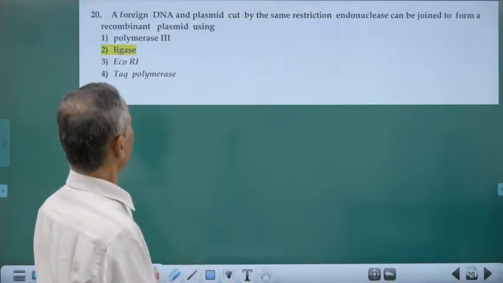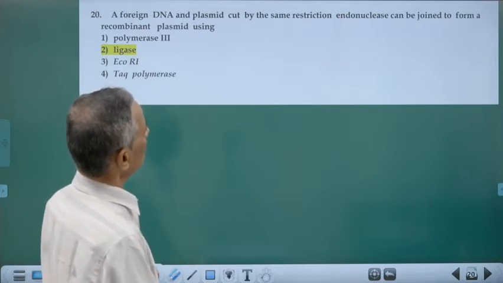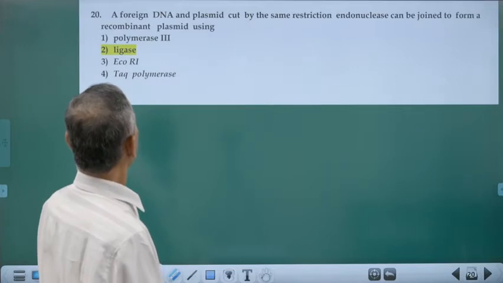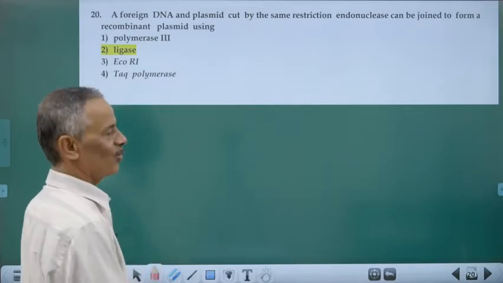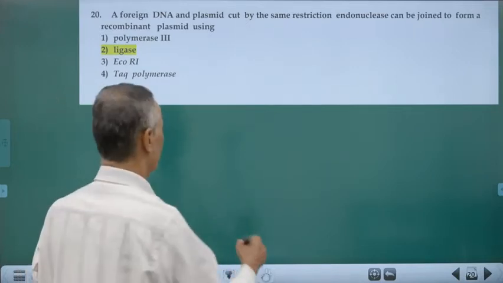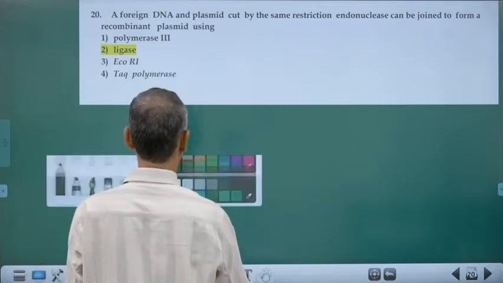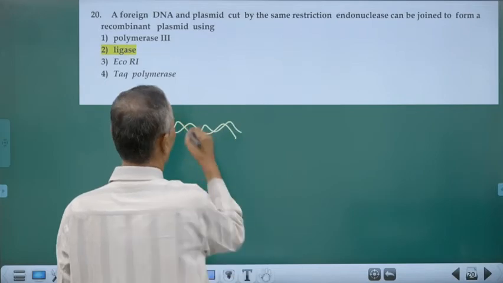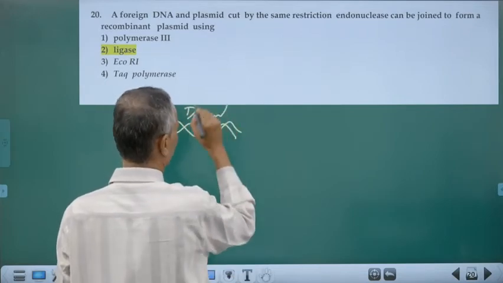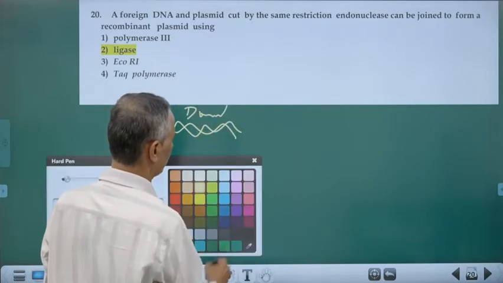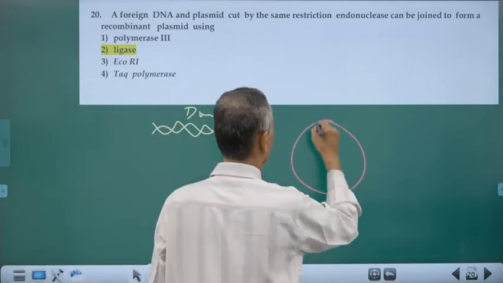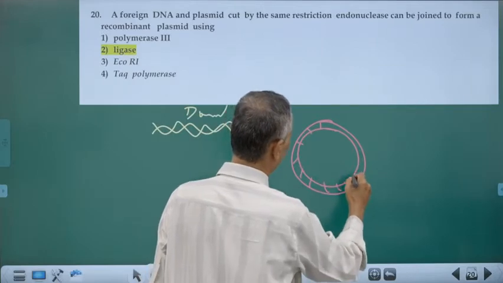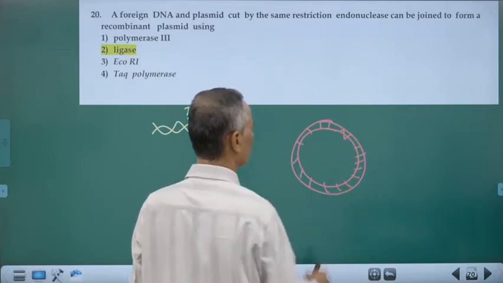A foreign DNA and plasmid cut by the same restriction endonuclease can be joined to form a recombinant plasmid. See, we have a desired DNA taken from a donor. Okay, this is the donor DNA. And we have a plasmid. What should be done? The mechanism is very simple.